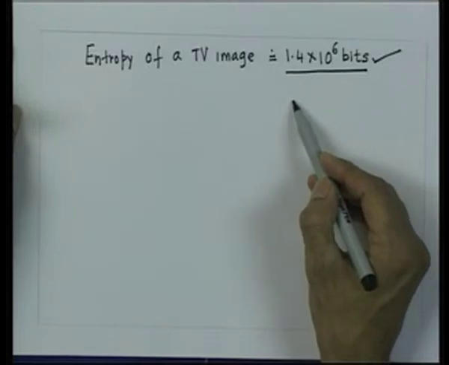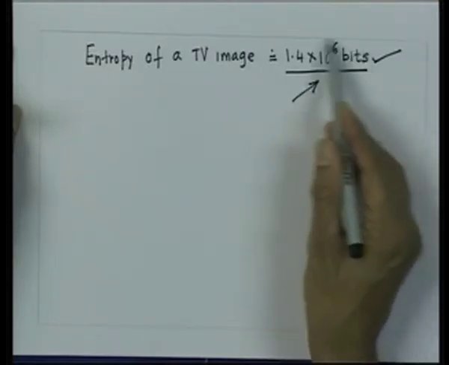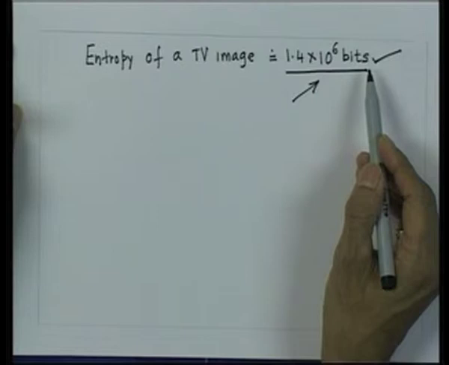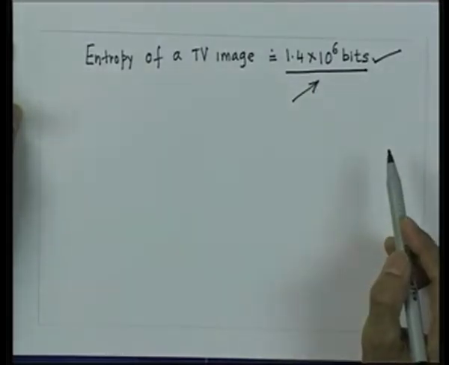And because of the interrelationships between these pels, when we calculate the entropy of a real TV image, we will find that the real value turns out to be much less than what we had calculated based on the assumption that it is a zero memory source.